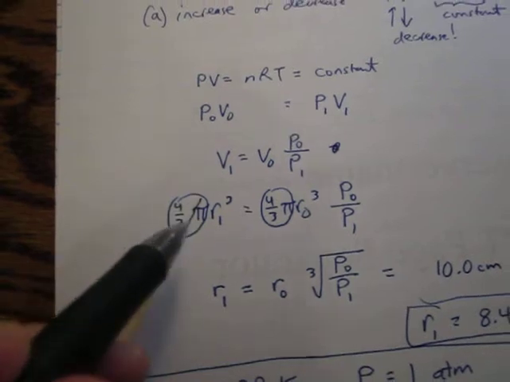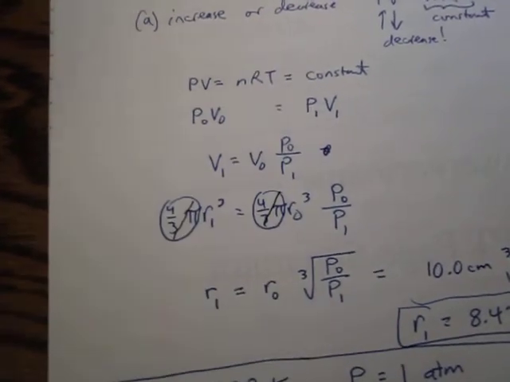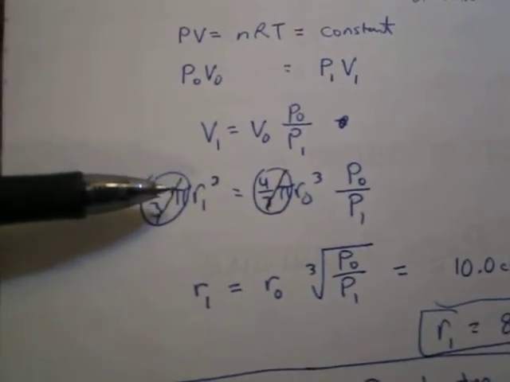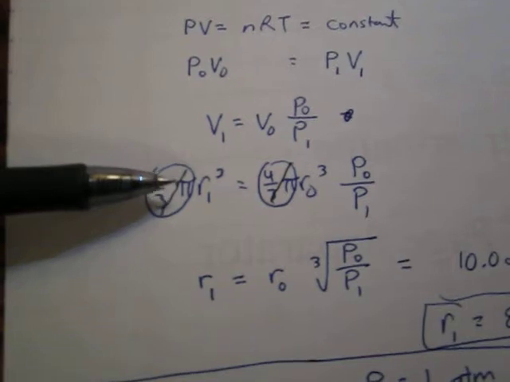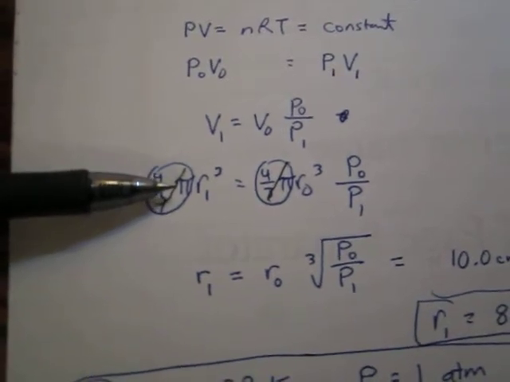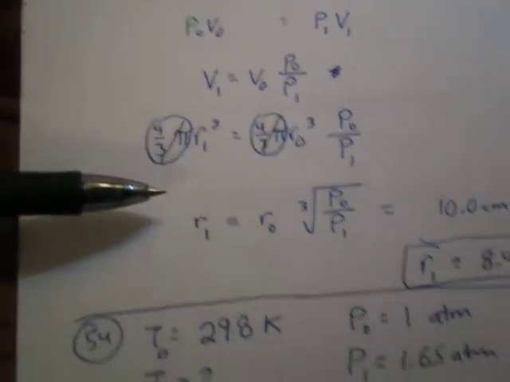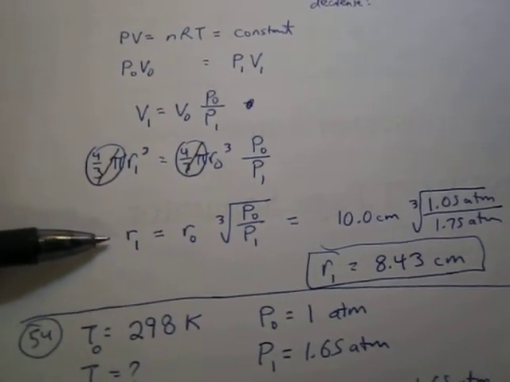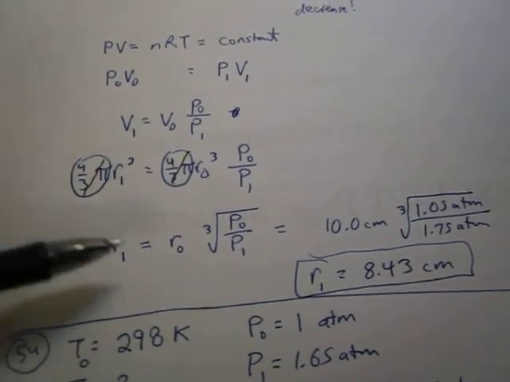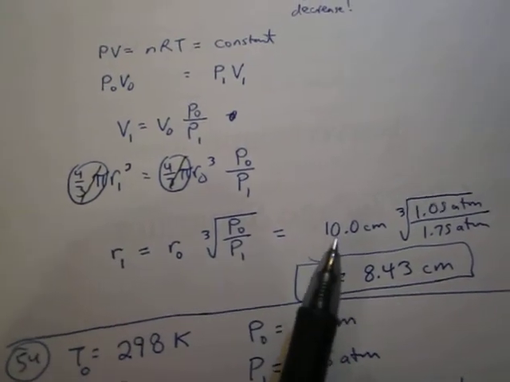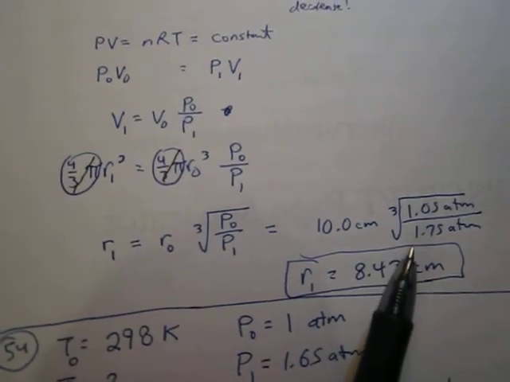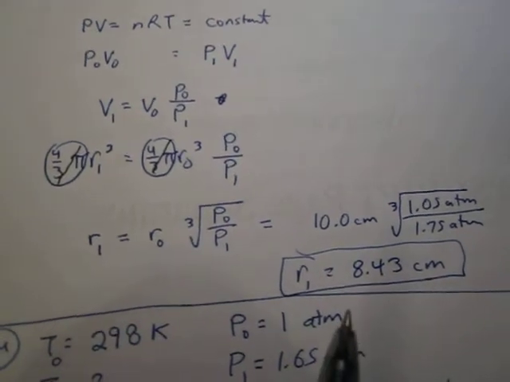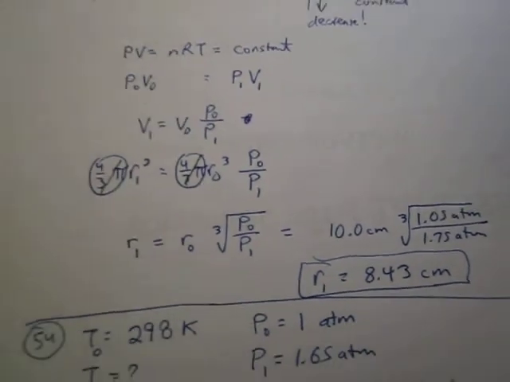What you're left with is R1 cubed equals R0 cubed times P0 over P1. If we want to solve for R1, meaning the final radius, take the cube root of both sides. So R1 equals R0 times the cube root of P0 over P1. Plugging in the numbers, we get 10 centimeters times the cube root of the ratio 1.05 atmospheres over 1.75 atmospheres. So what we get is the final radius of 8.43 centimeters.